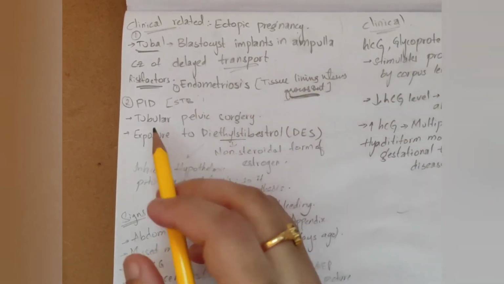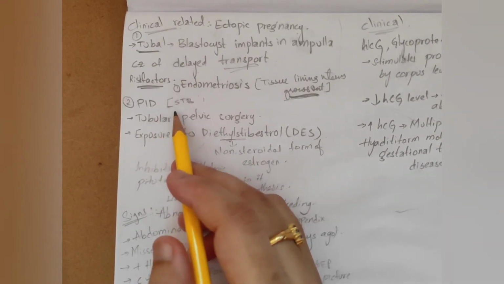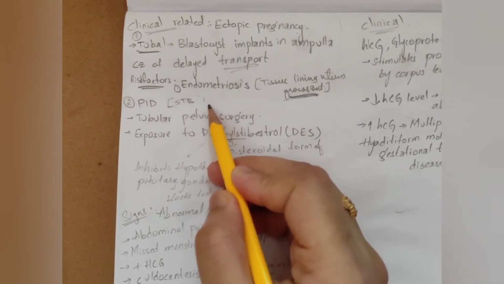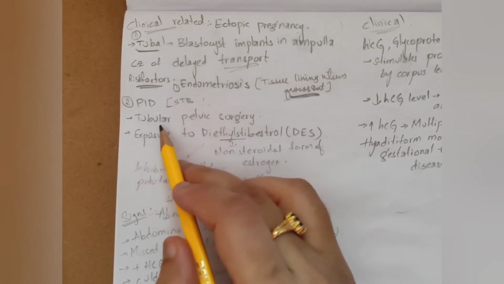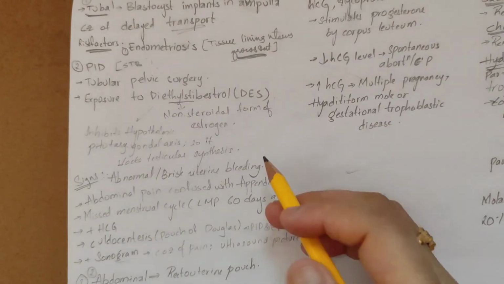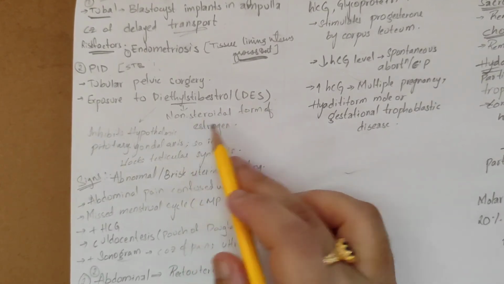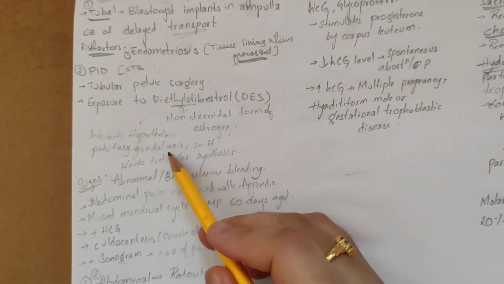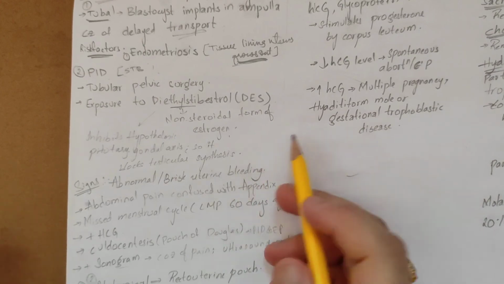Next is pelvic inflammatory disease, which is transmitted mainly by sexually transmitted bacteria from the vagina to the uterus and fallopian tubes. Next is tubal pelvic surgery, and exposure to diethylstilbestrol, or DES, a non-steroidal form of estrogen that inhibits the hypothalamic-pituitary-gonadal axis.